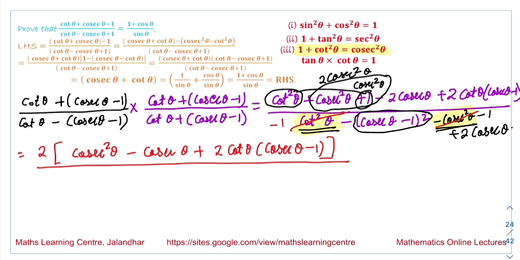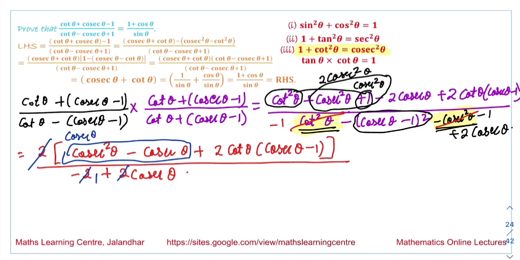Upon, in the denominator we will get this whole term. When we solve, we are left with minus 2 plus 2 cosecant theta. This 2 gets cancelled over here, and 1 is left. From these two terms, if we take cosecant theta common, we are left with cosecant theta minus 1.